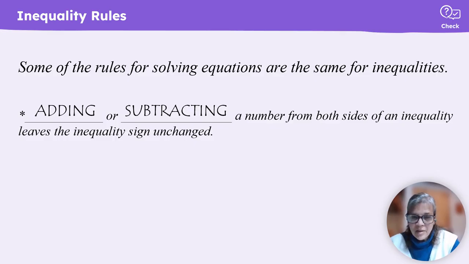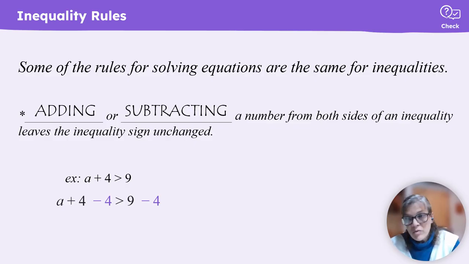It doesn't affect it. For example, if I have something like a plus 4 is greater than 9, if this was an equation with an equals, we know what a would be, right? We would subtract 4 from both sides and do this in our head even. We talk about it sometimes as we move the negative 4 to the other side. And then we'd say, well, a is greater than 5.